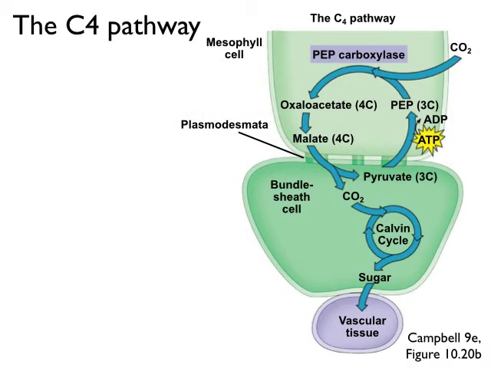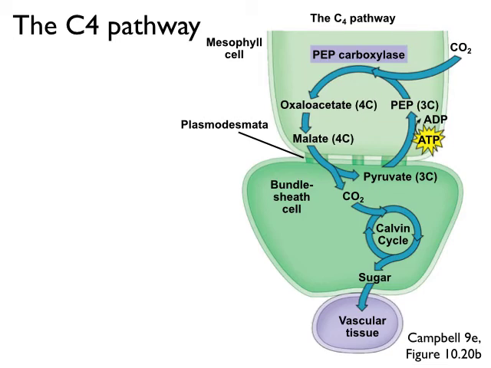And what you can see in this slide here is that C4 plants actually have 2 sets of cells. They have cells called bundle sheath cells, and they have the cells we mentioned in C3 plants, mesophyll cells.